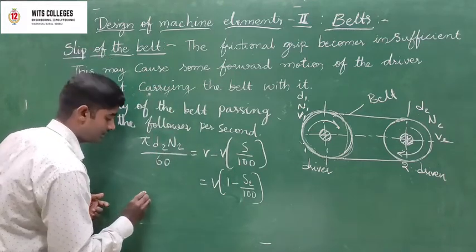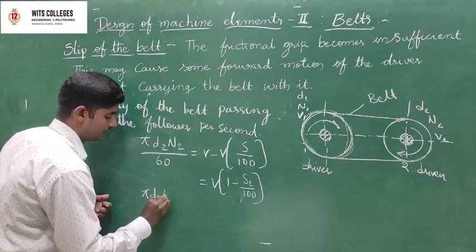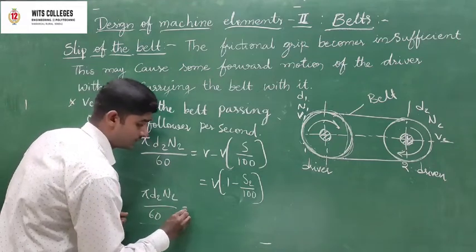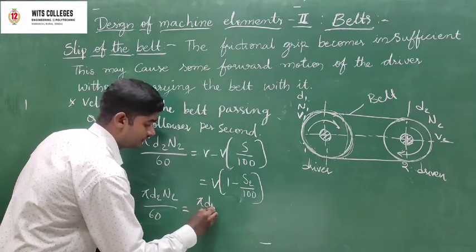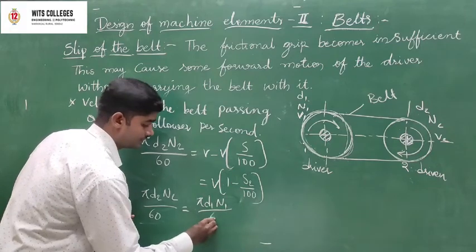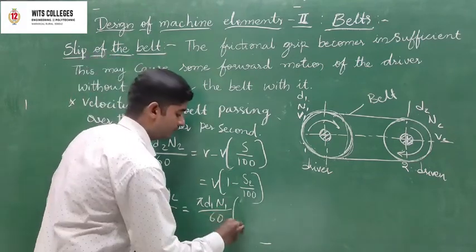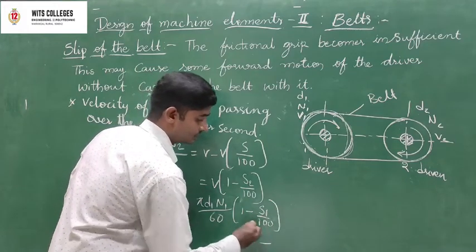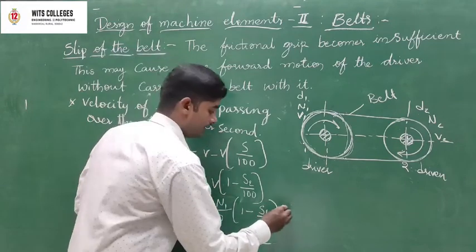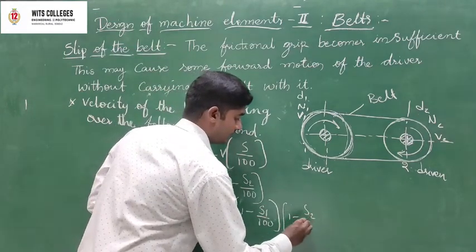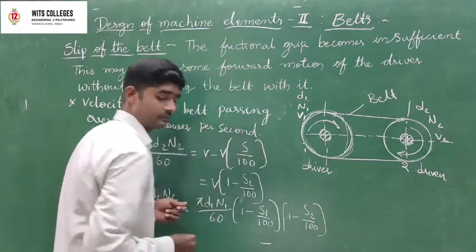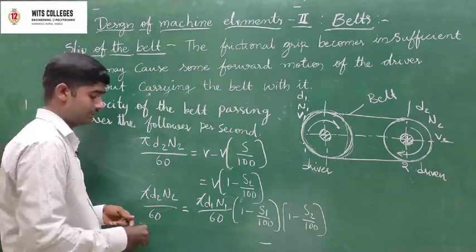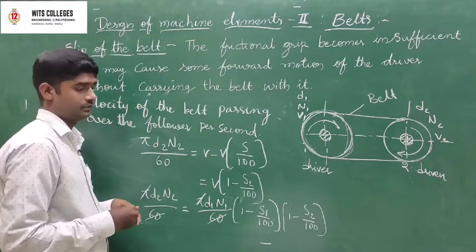Pi D2 N2 by 60 is equal to pi D1 N1 by 60 into 1 minus S1 by 100 into 1 minus S2 by 100. Pi cancels and 60 also cancels.